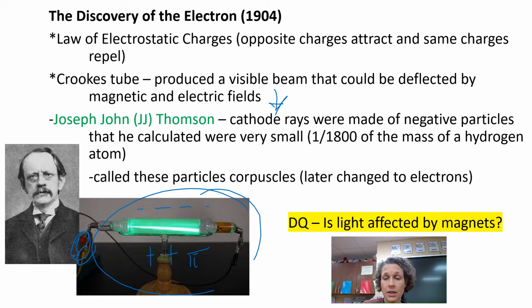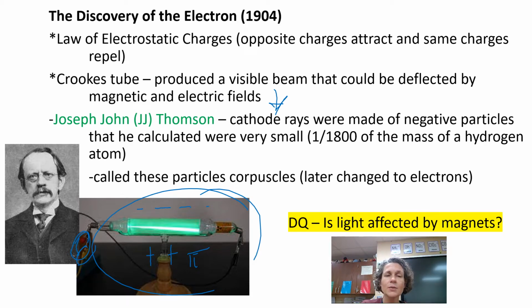And so he knew that because it was attracted to the positive side, he had negative particles. And he's, again, another smart guy. He did some math and he calculated that these particles were very small, 1/1800th of the mass of a hydrogen atom. As you know, atoms are small, and so if you have 1 over 1,800th of that, then you have a very, very small particle indeed.